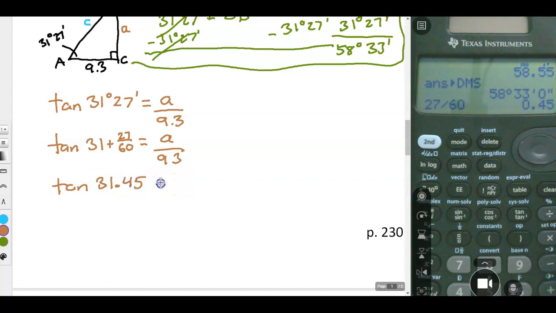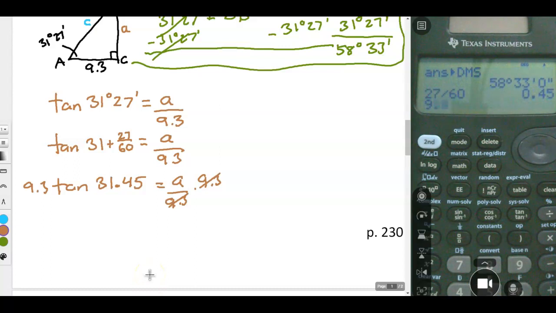So now I got a decimal, and I can just solve by multiplying both sides by 9.3, right? This is just a review from geometry right now. 9.3 times tangent of 31.45.